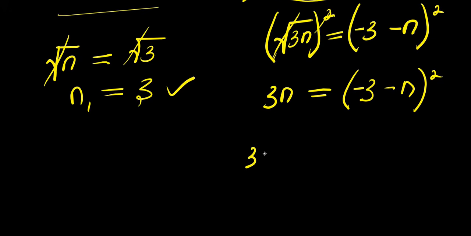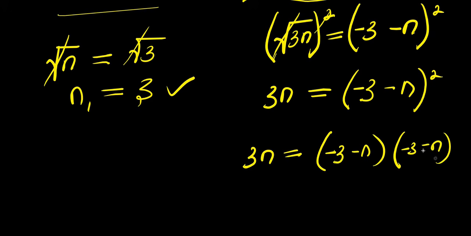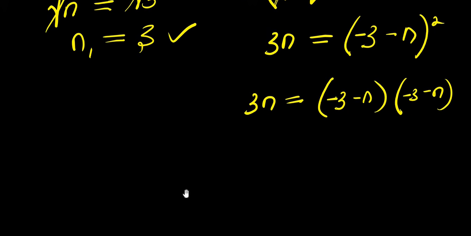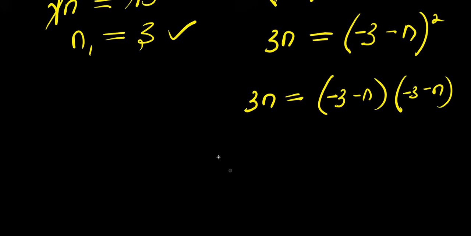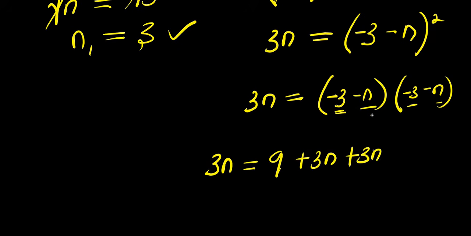So from here, I have 3n equals negative 3 minus n times negative 3 minus n. So from here, I have 3n equals negative 3 times negative 3, that is 9, negative 3 times negative n, plus 3n, negative n times negative 3, plus 3n, negative n times negative n, plus n squared.